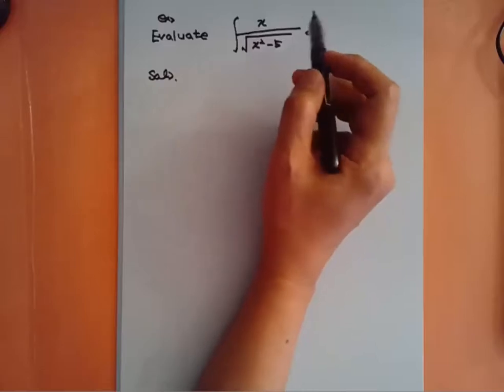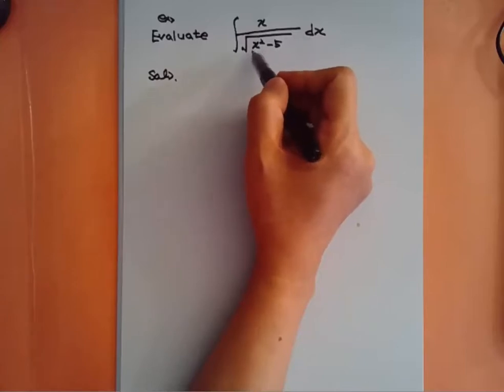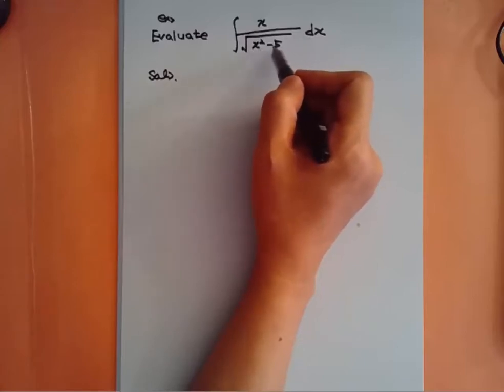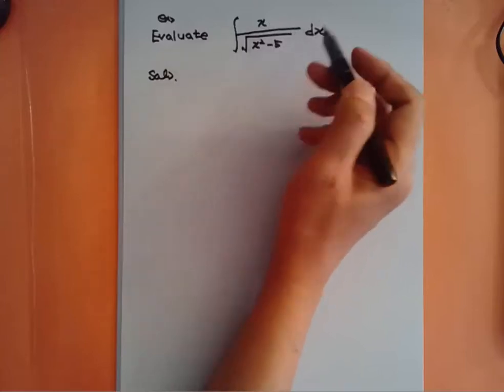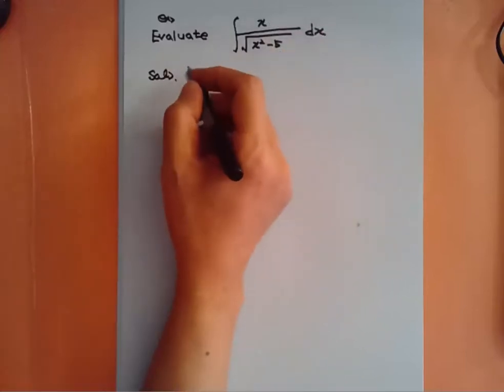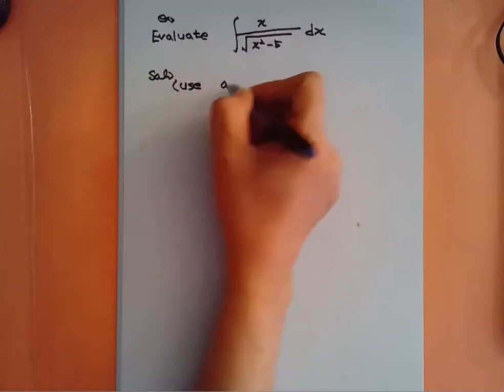But before we do that, if we look at the numerator and denominator, then when you differentiate x squared minus 5, you will get something to do with x dx, right? So in this case, we will use a regular substitution.